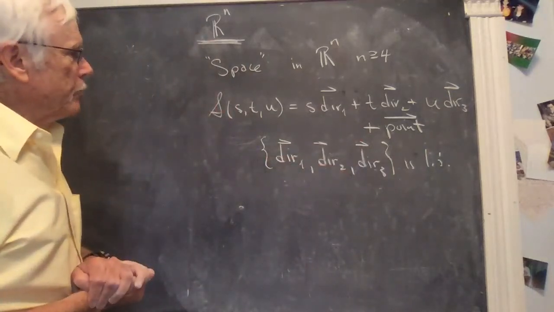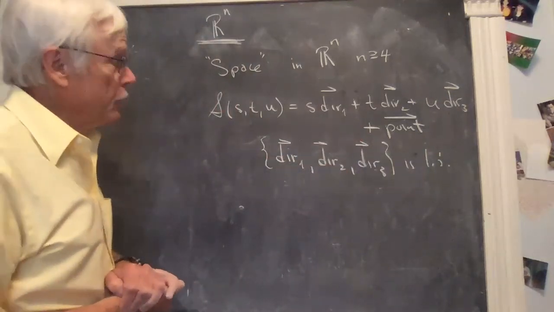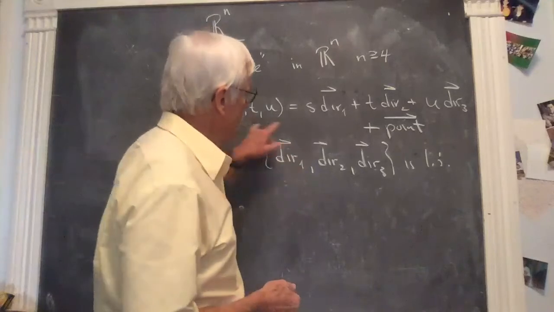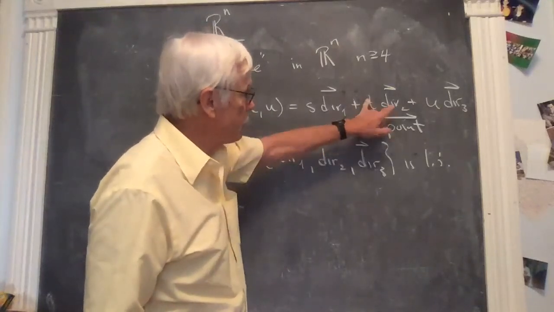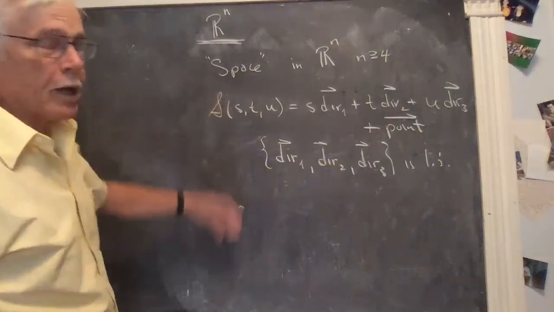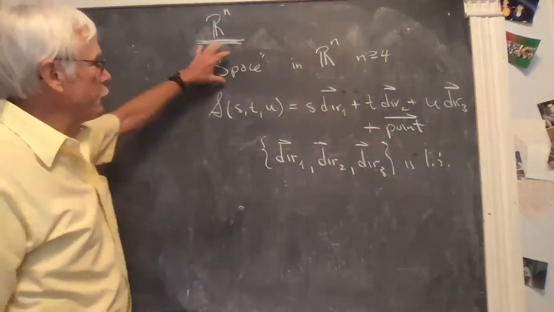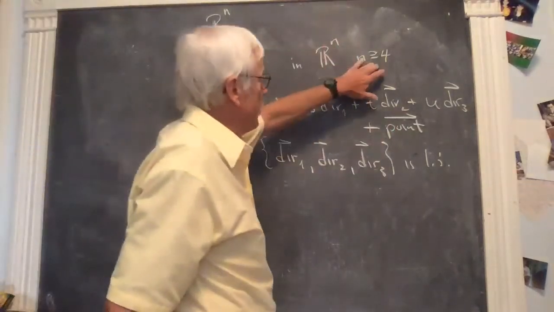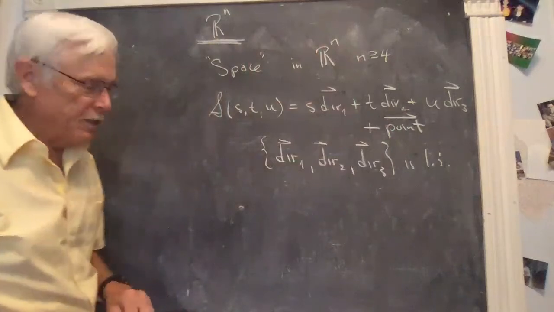That's because if they're linearly dependent, then you will get at best a plane. So this is the way it goes. In general, we could look at hyperspaces in Rn as long as n was bigger than or equal to 5, and so on.